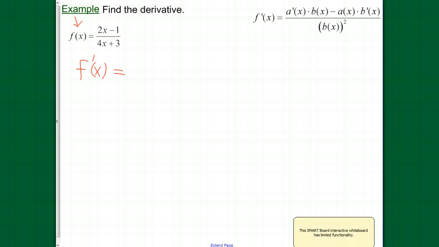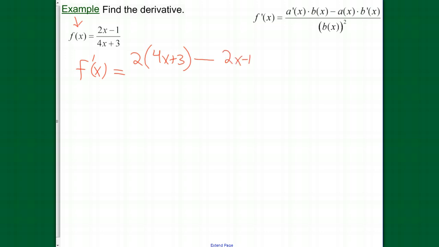That's the derivative of the numerator, 2, times the denominator function, 4x plus 3, minus the numerator, 2x minus 1, multiplied by the derivative of the denominator, which is 4. All of this is over the denominator squared.